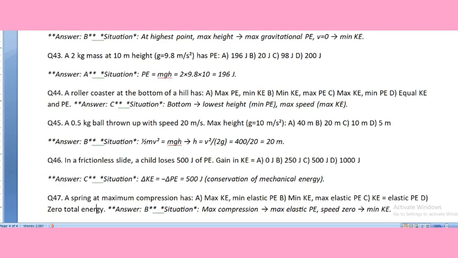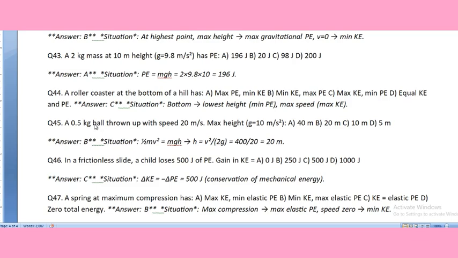When we go to the solution, at the bottom of the hill there is minimum potential energy and maximum speed, and due to this, maximum kinetic energy, according to the given.